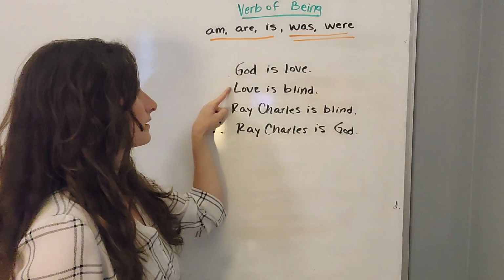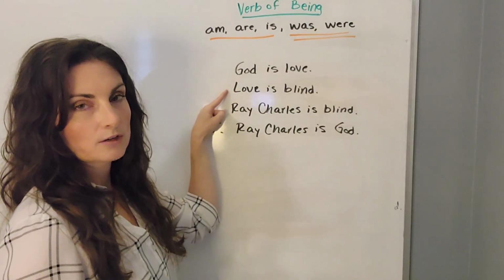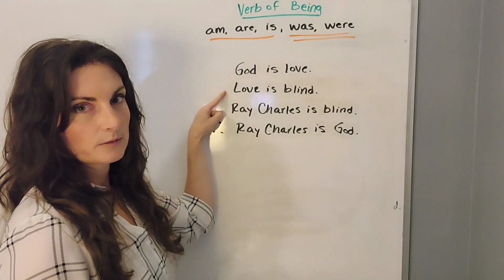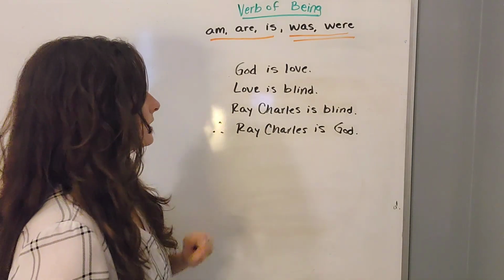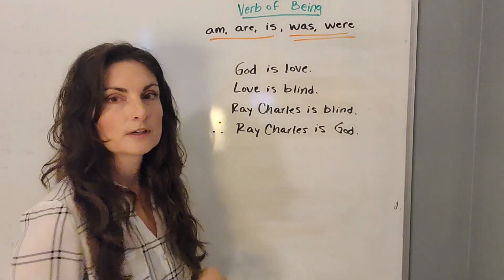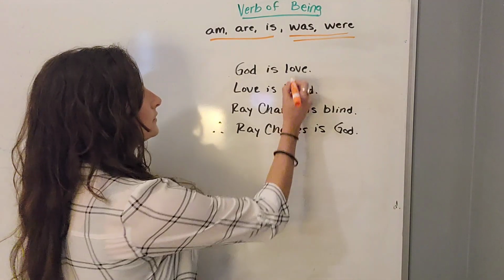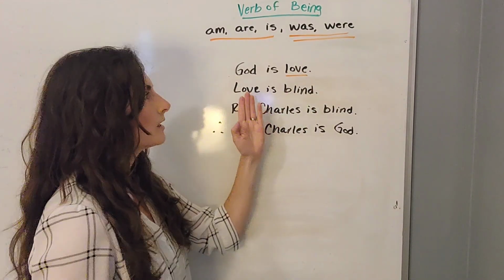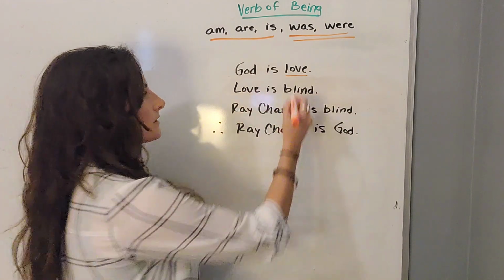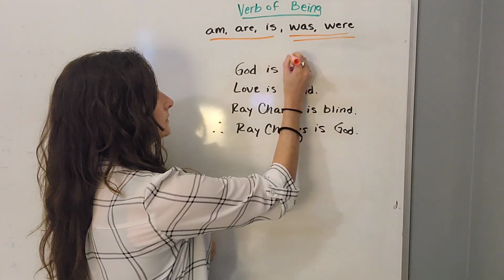This one I think could lead into a theological debate, possibly, as to how accurate it is. But this one and this one is true. All right, God is love. Now in this one, love is renaming God. So the is, I'm going to say renaming.